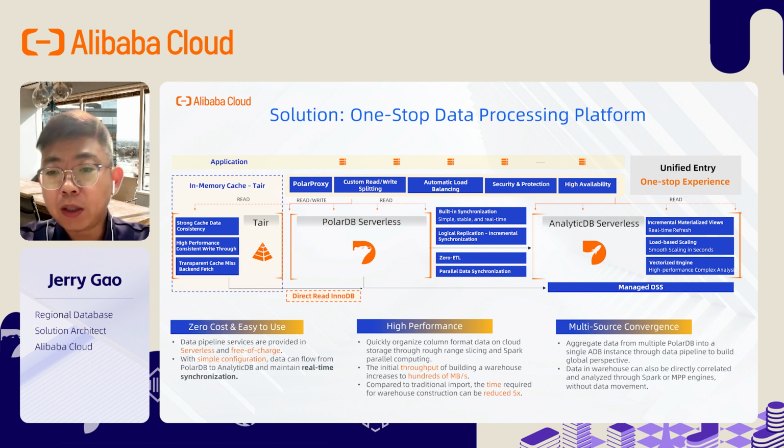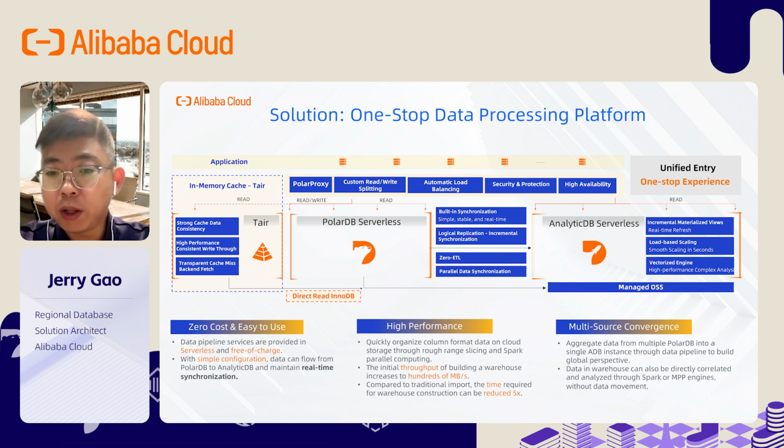And for the data analysis part, AnalyticDB is being used to provide a unified data lakehouse. Furthermore, as you can see, between PolarDB and AnalyticDB, there are several options you can choose to do the data synchronization. Like you can choose serverless DTS, or you can choose to use zero ETL.